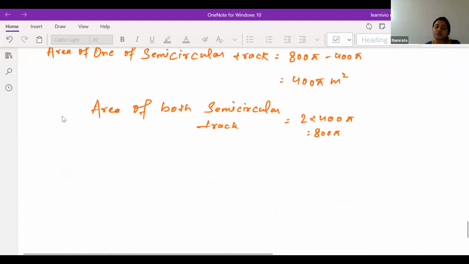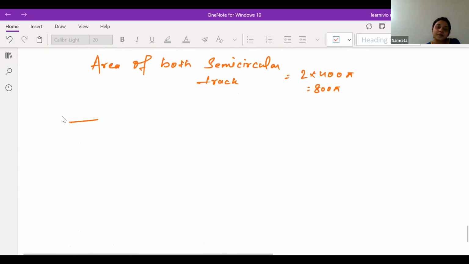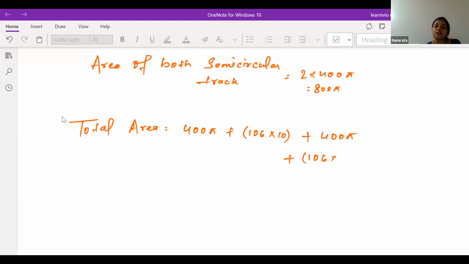So you are supposed to find the total area. Either take 400 pi 2 times, or you can directly take 800 pi 1 time. So I'm taking 400 pi. Then the area of the rectangle is 106 meter into 10. Then again, one semicircle, 400 pi. And then again, the area of the rectangle, 106 into 10.